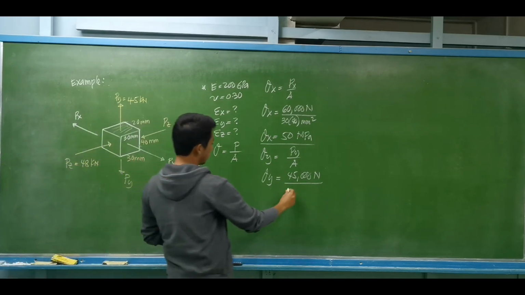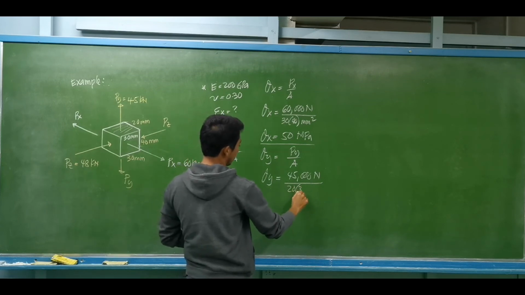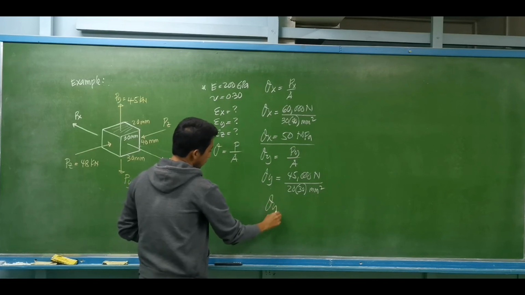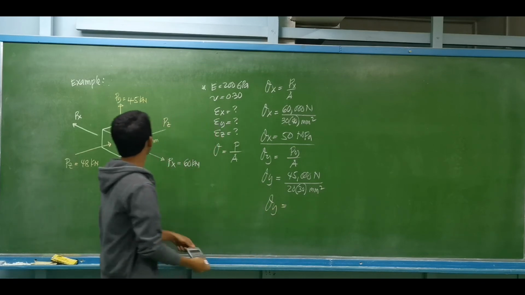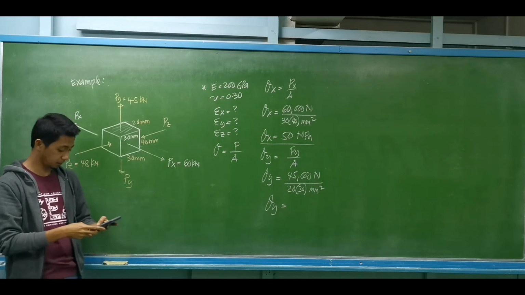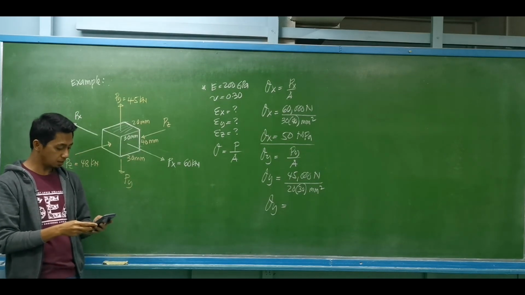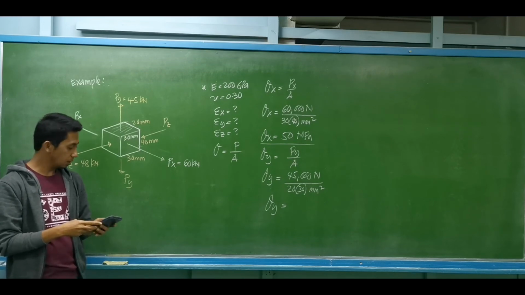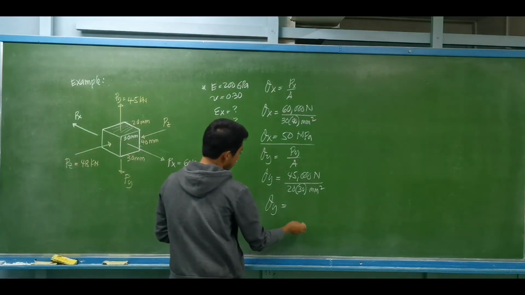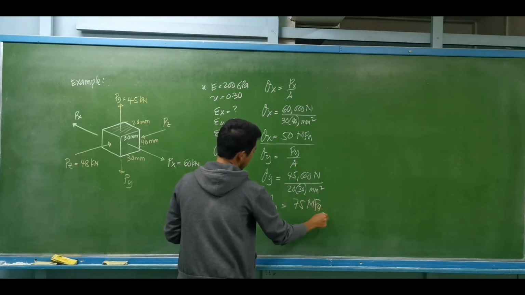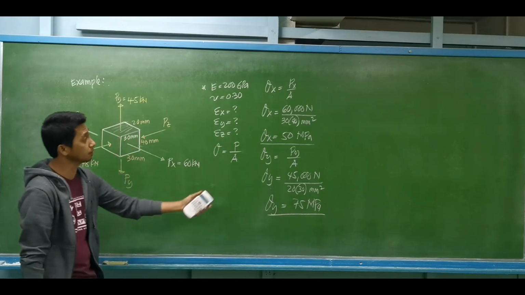So you have 45,000 divided by 20 by 30 square millimeters. Take note, this is a tensile force, so we have a positive sign. So we have 75 megapascals. This is the stress along y.